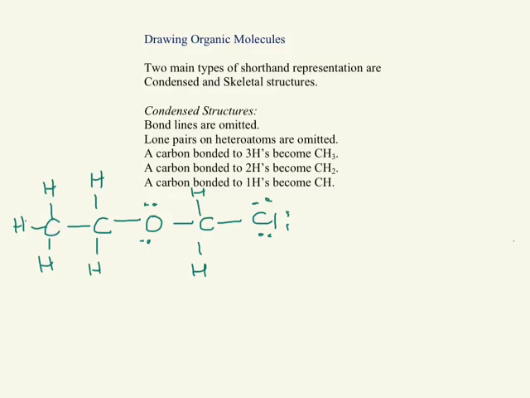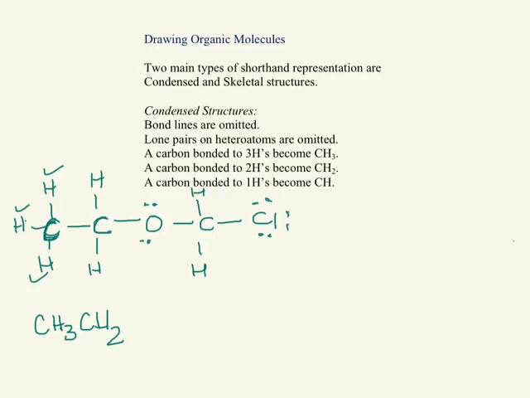Next example: start from the left and proceed to the right, making sure that each carbon has 4 bonds. So here this carbon attached with 3 hydrogens is CH3. Then the next carbon, CH2.